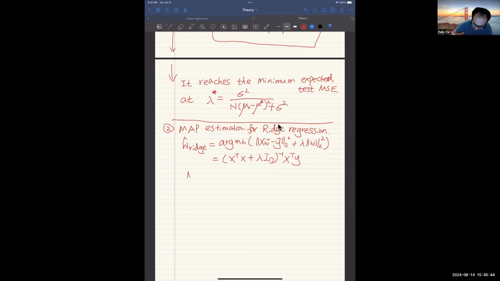The model we have is very simple: y equals Xw plus epsilon.